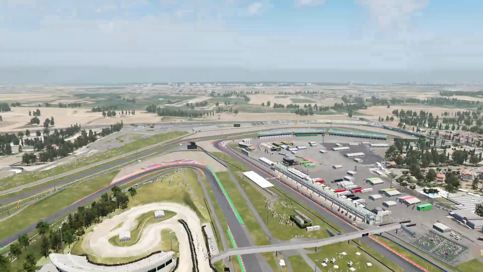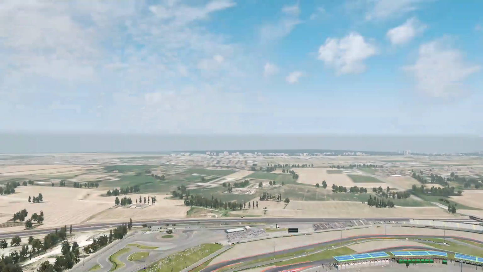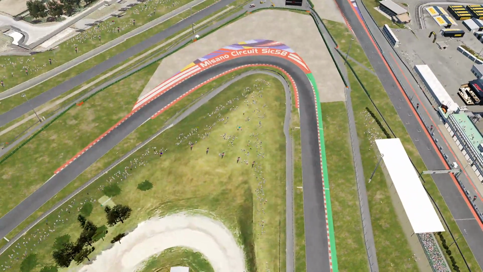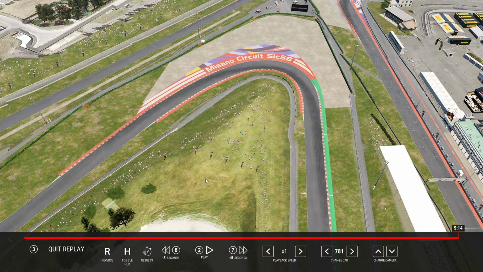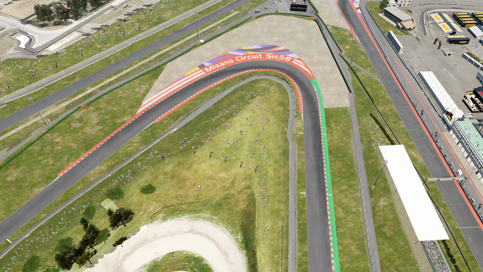This is a decent corner right here, because it has a fairly long run up to it, which means it's a fairly heavy braking zone as well. So everybody think back to when you first started racing, particularly in ACC, because everything I talk about tonight is going to be limited to ACC specifically.